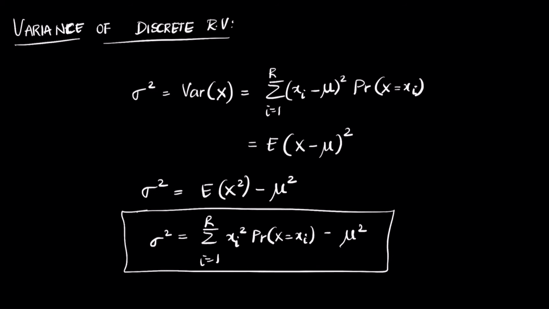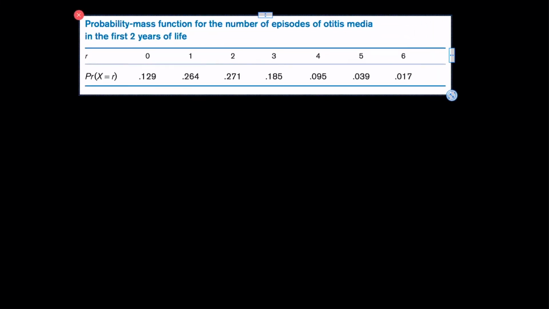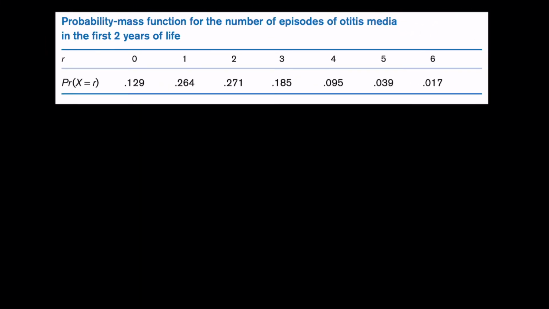Right. So let's take the otitis media example and try to calculate the variance of that problem. This is the problem that we saw before for otitis media. If you calculate the expected value E of x, which is also equal to mu, you would have gotten a value of 2.038.